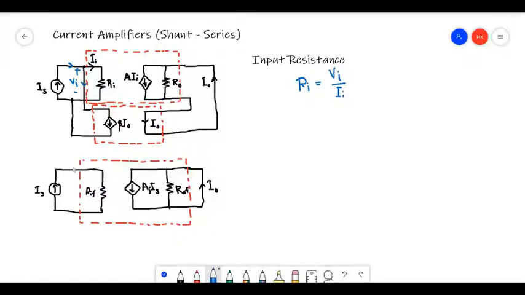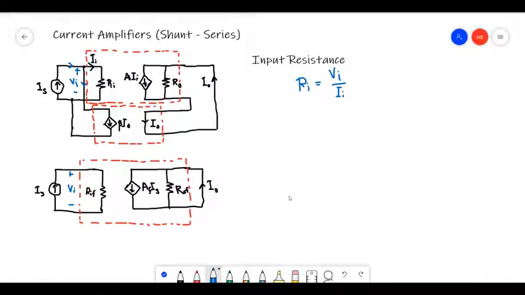RIF is here, and in this case the input voltage is again Vi, because this is shunt mixing. The voltage across these two current sources and this resistor is Vi.